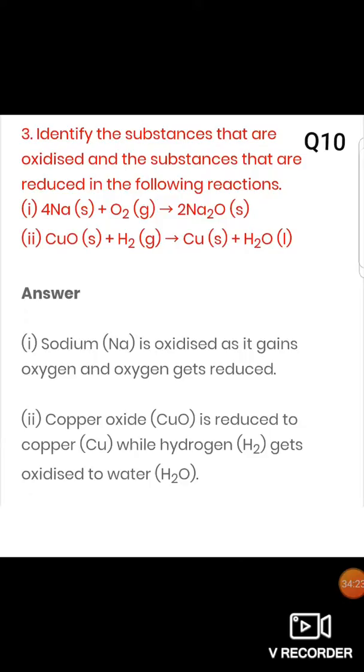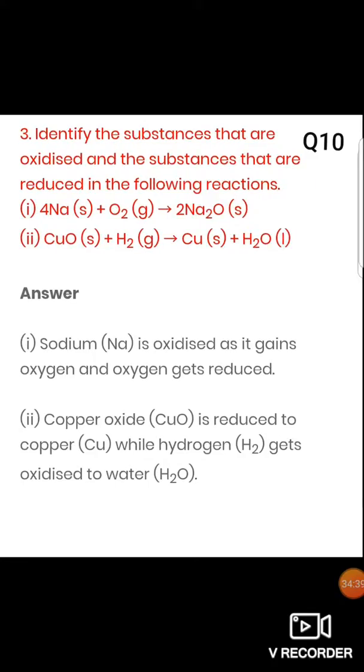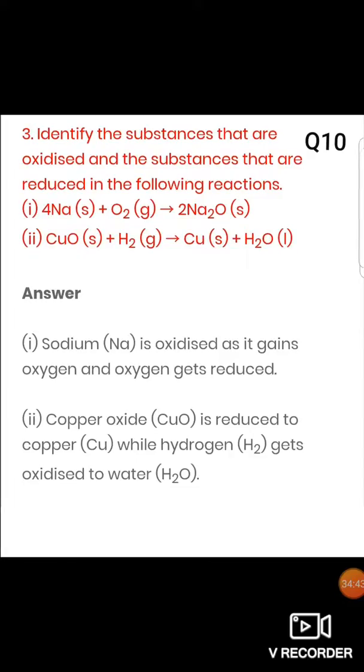Identify the substances that are oxidized and the substances that are reduced in the following reactions. 4Na solid plus O2 gas gives 2Na2O. So sodium, that is Na, is oxidized as it gains oxygen, and oxygen gets reduced.